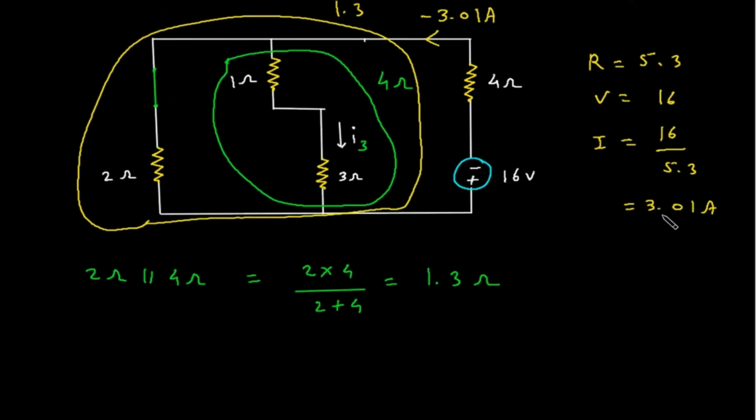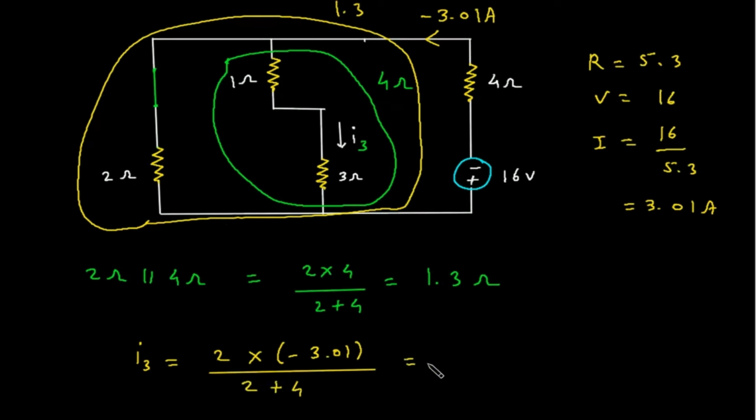Now here we will apply current division rule. So I3 is equal to opposite branch resistance, which is this 2 ohm, into this current, which is minus 3.01 ampere, divided by total resistance. Total resistance will be 2 plus 4.